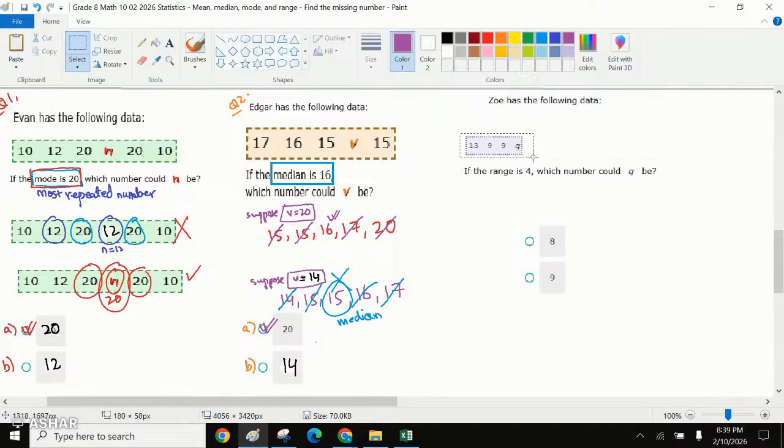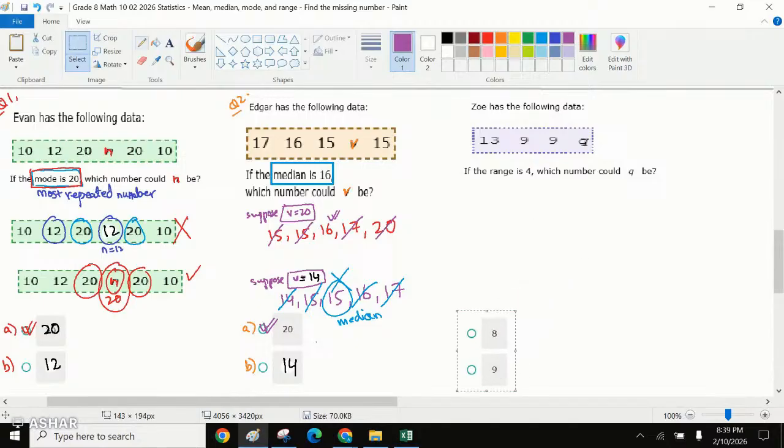If the given range is 4, which number can be Q? Q could be 8 or 9. For question number 3, it could be option A or option B. So we need to find the value of Q.